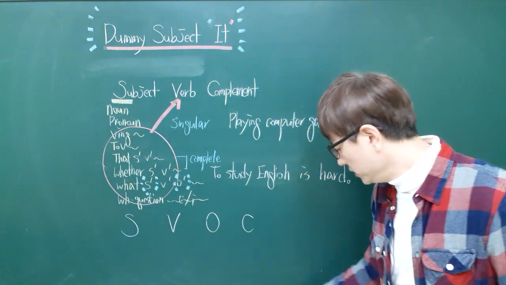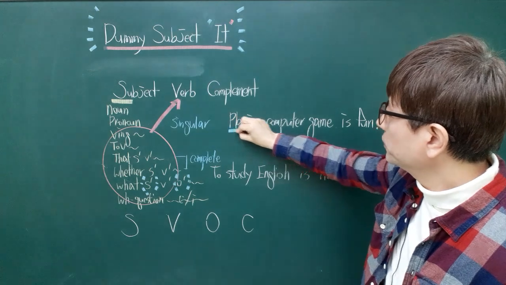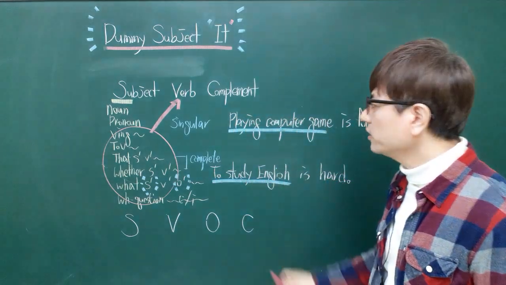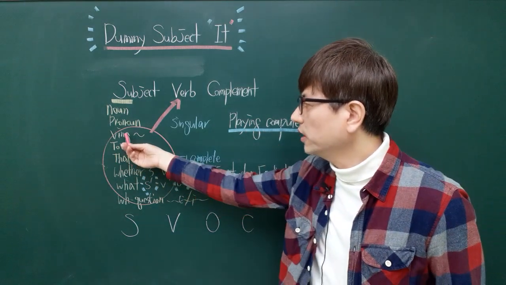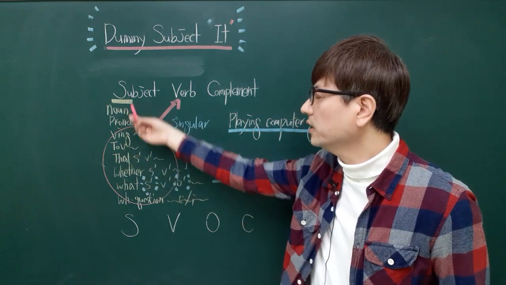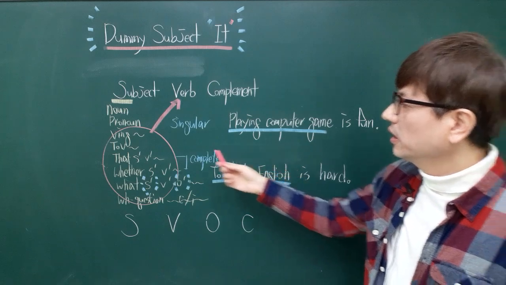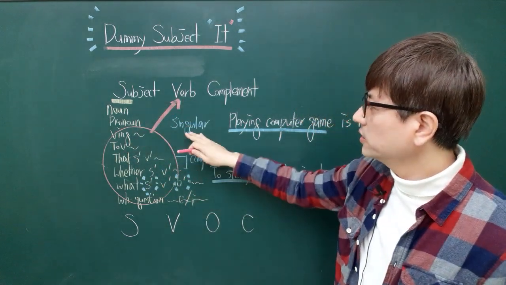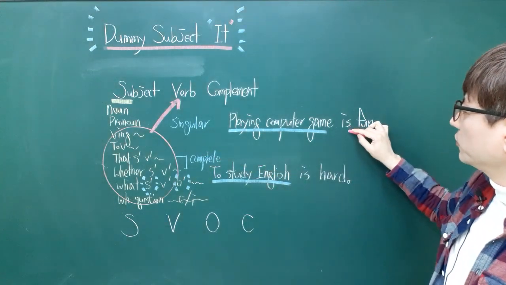As you can see, playing computer game and to study English, gerund and infinitive, can be the subject. And we should consider these things singular. So that is why I wrote is.